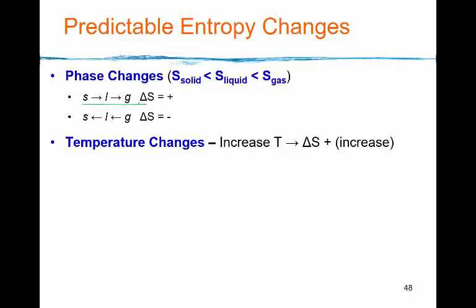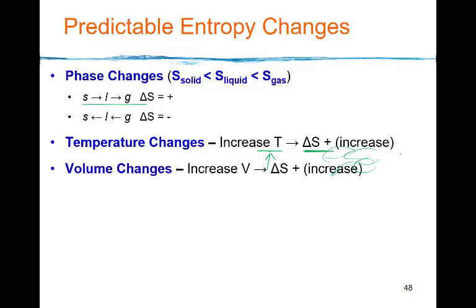Temperature changes: as you increase T, your delta S will increase. Okay? If you think about it, as you heat it up, your molecules are going to get more random, right? That makes sense. As you increase volume, you also increase delta S because you give it more room to bounce around in. Remember, we're talking about gases typically.